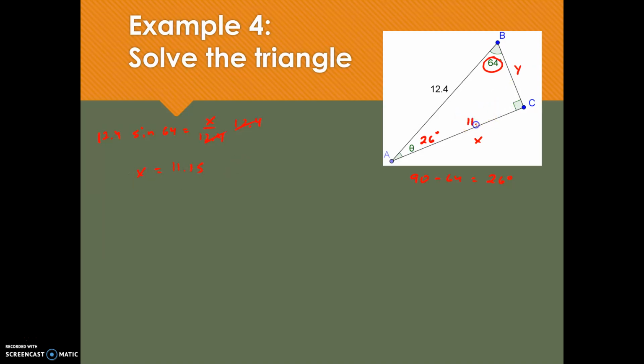That would be here. Now, when we got this 11.15 from the calculator, I believe it was actually something like 11.145, so we've actually rounded off there.